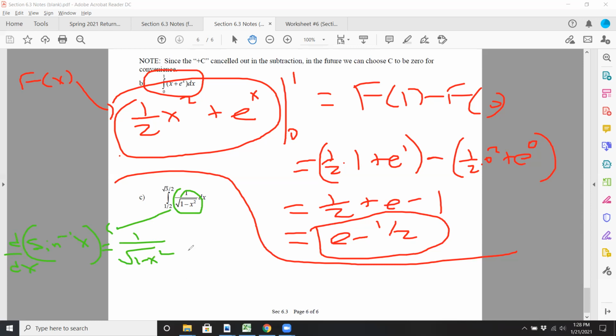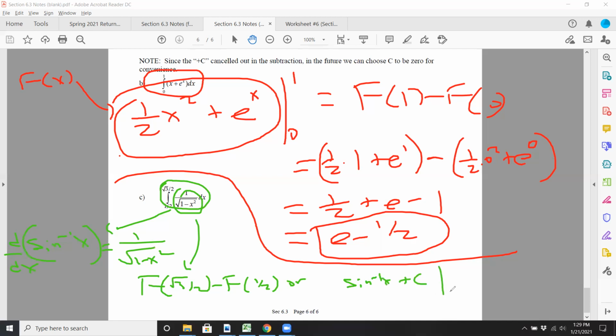So what I'm going to do is, it's going to be capital F of root 3 over 2 minus capital F of 1/2. That's going to be what this antiderivative is, this whole thing here. Or we write it like this: inverse sine of x plus c from 1/2 to root 3 over 2.